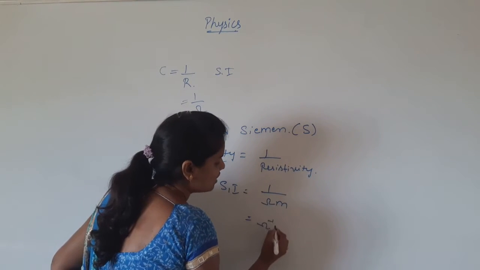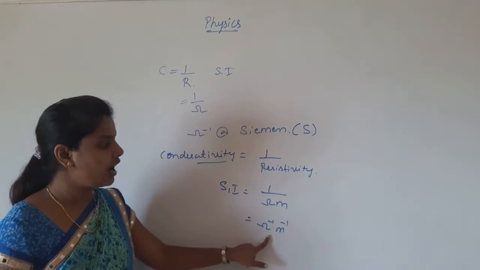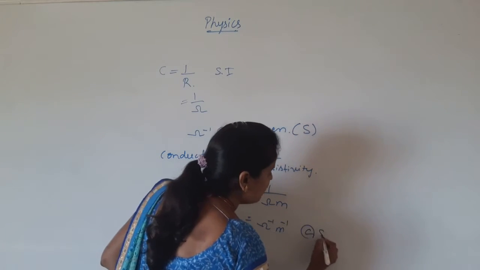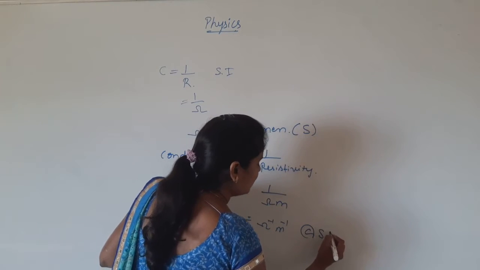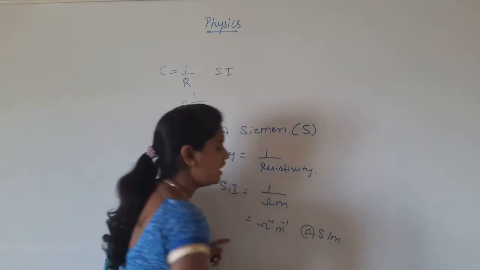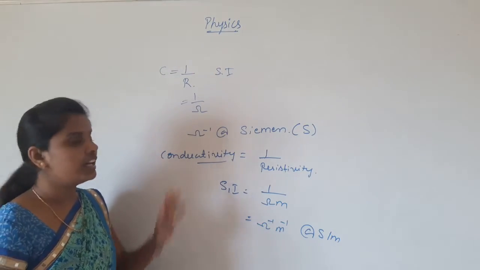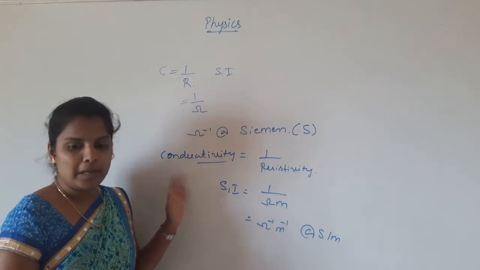Therefore, ohm inverse meter inverse, or siemens per meter, is the SI unit of conductivity. This is regarding the conductance and conductivity of a material.